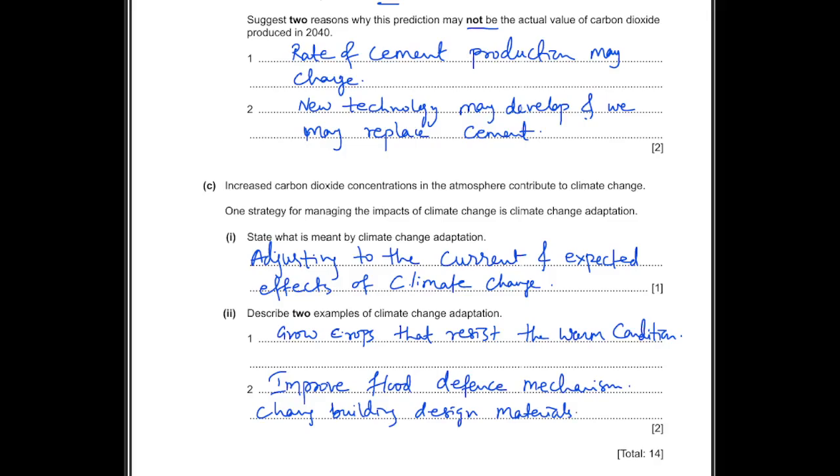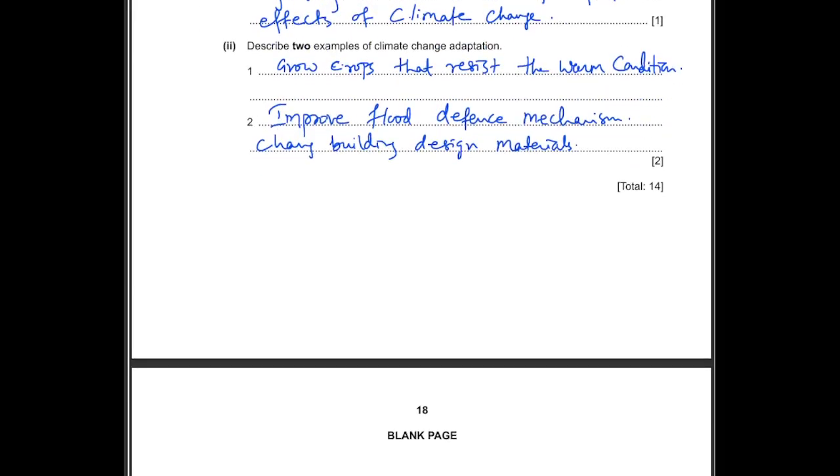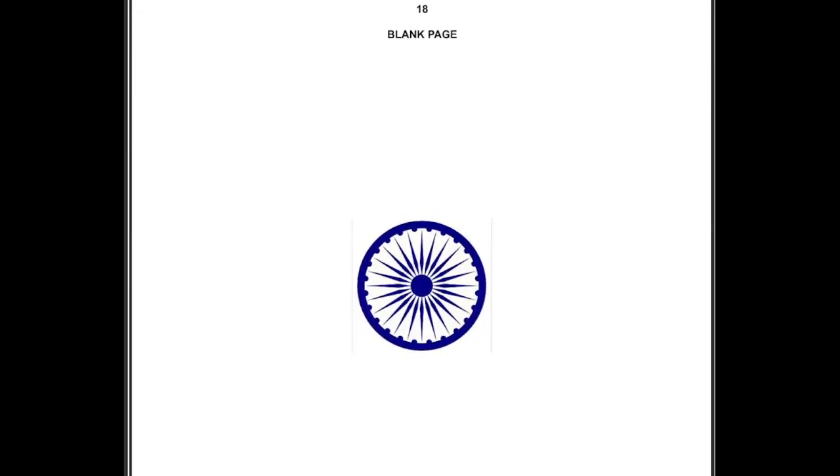As we were talking about the cement may get replaced, so changing of the building design material can also add up in the climate change adaptation here. Okay, so that's how we have completed question number 5. Paper 2 was having only 5 questions here.